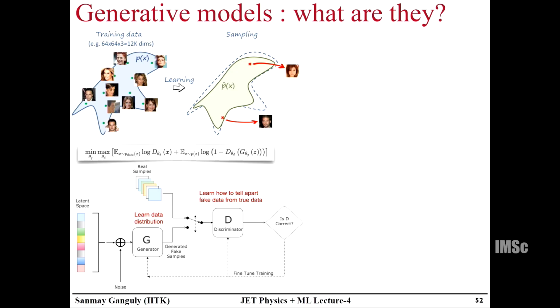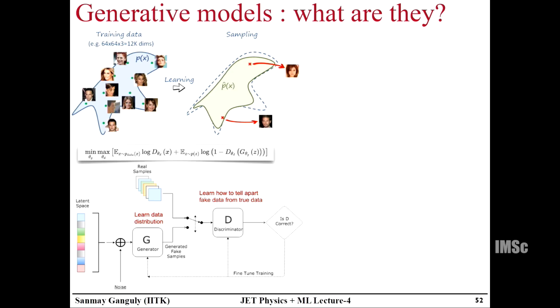I simultaneously train two networks. One is called a generator, another is called a discriminator. What's the task of the discriminator? The discriminator is fed two pieces of data. One is real data, another is fake data as produced by the generator. And the task of the discriminator is to discriminate which piece is real data and which piece is fake data.